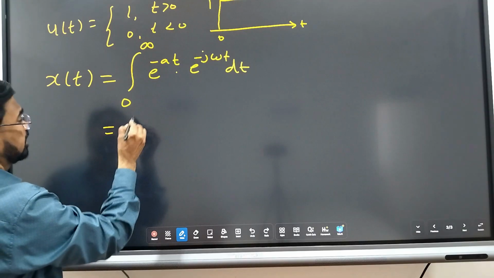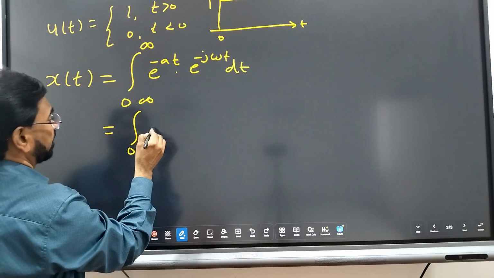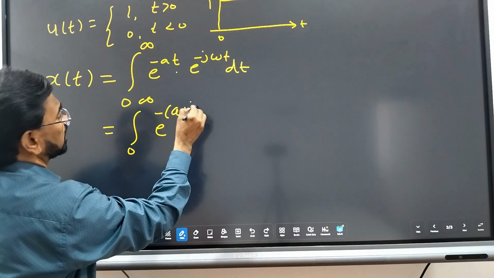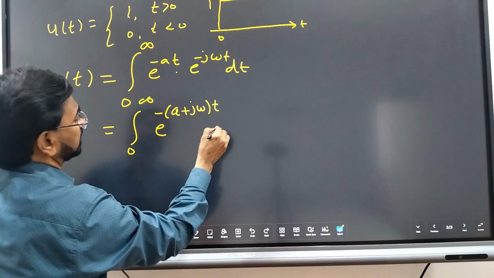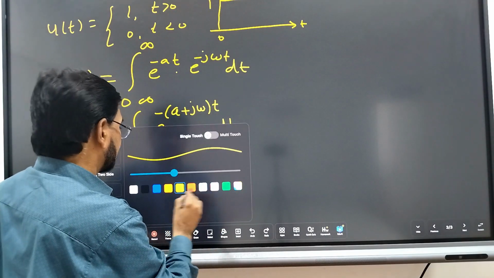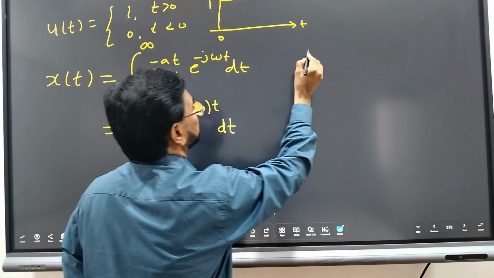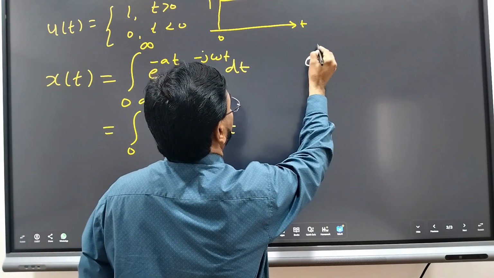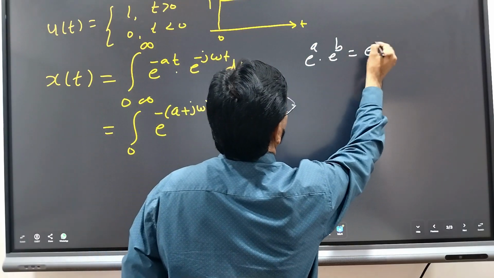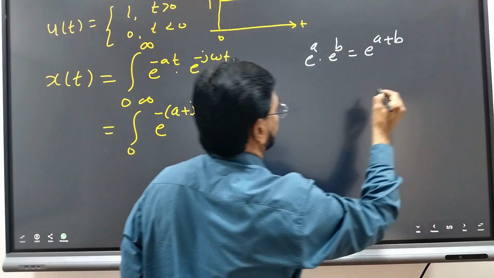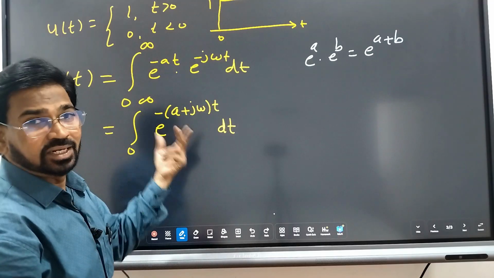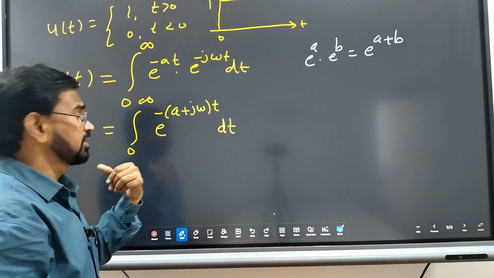Now it will be 0 to infinity e raised to minus (a plus j omega) t dt. How we got this? By using the relation e raised to a into e raised to b is equal to e raised to a plus b. Okay, so we have minus a and minus j omega t. If you multiply this, we'll get the same thing.